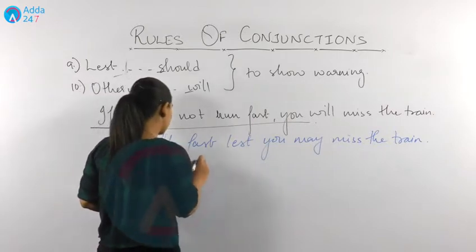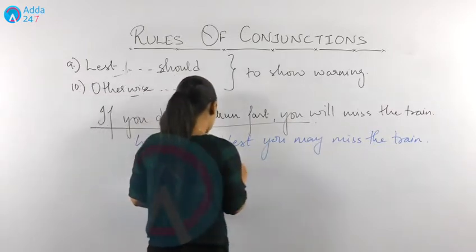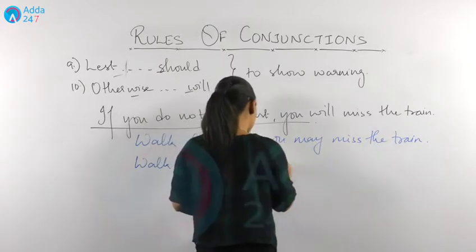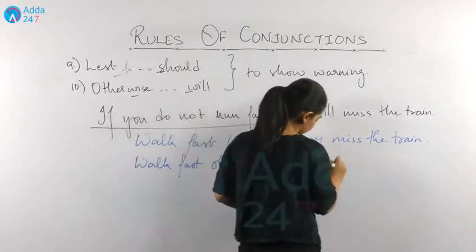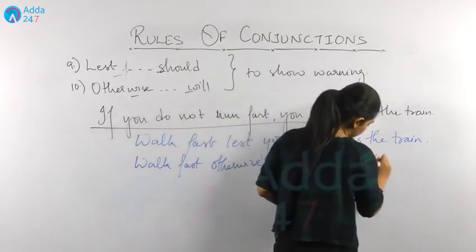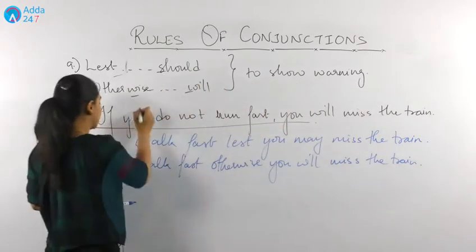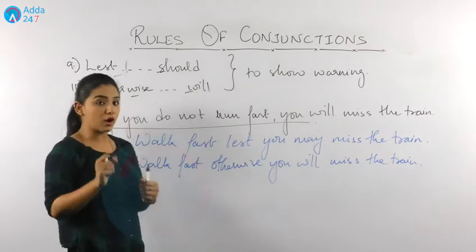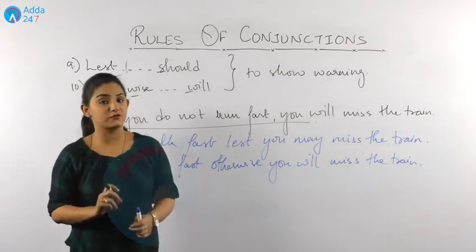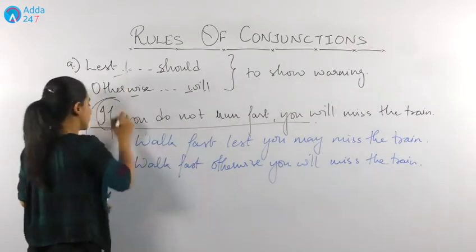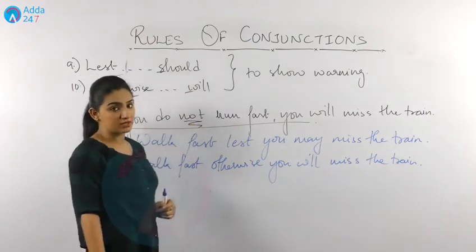Walk fast, otherwise you will miss the train. Now see, all three of these show warning, but the usage is different, isn't it? When I used if, we also used a negative word here.